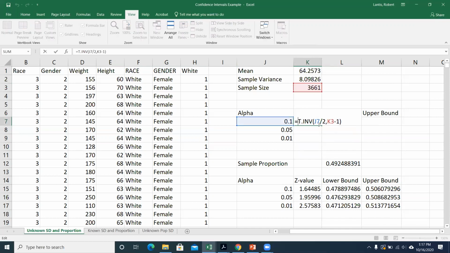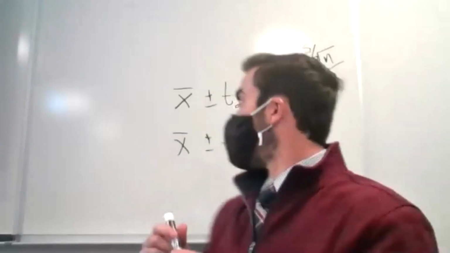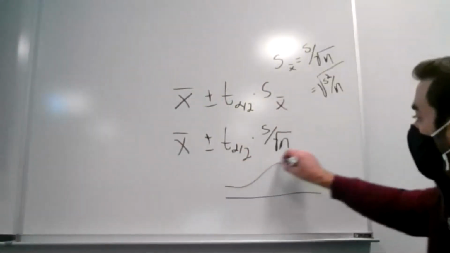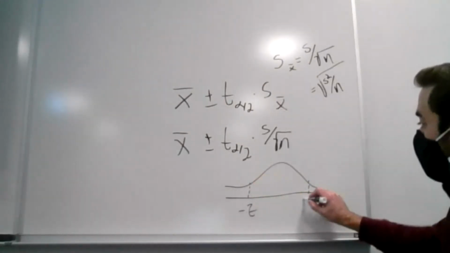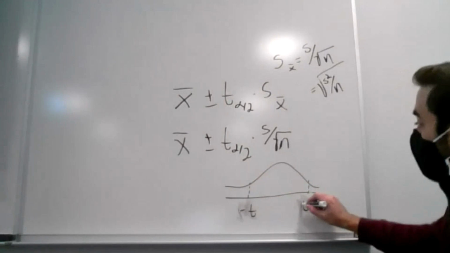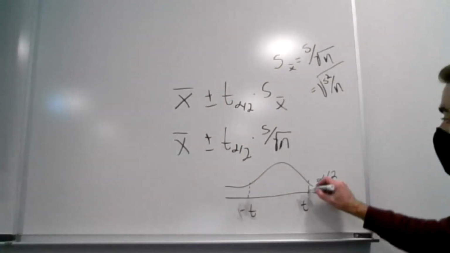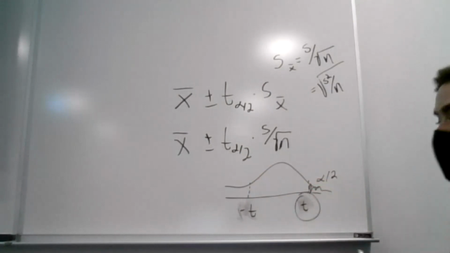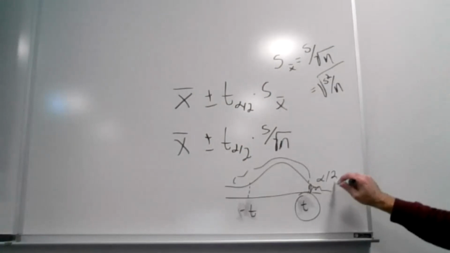So I can either use the absolute value function, or, if I know I want alpha over 2 in each tail, think about t-scores: if I want alpha over 2 in the upper right tail and just the positive t-value, the area to the left would be 1 minus alpha over 2.